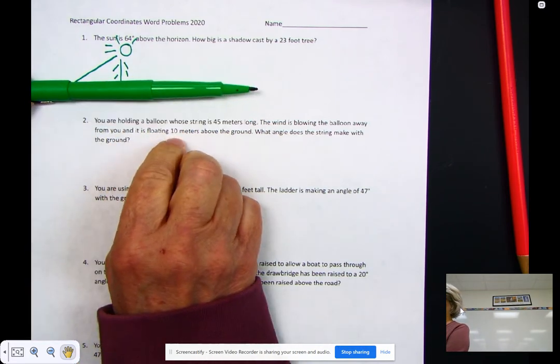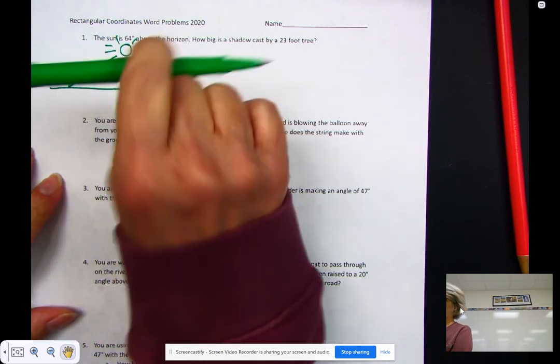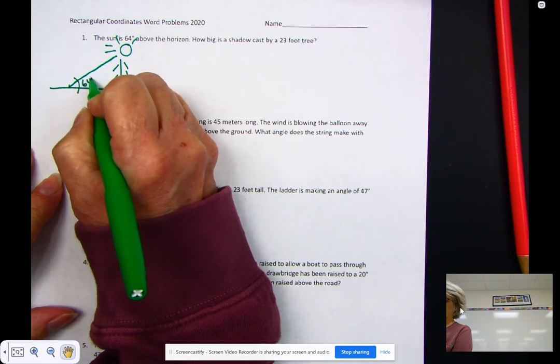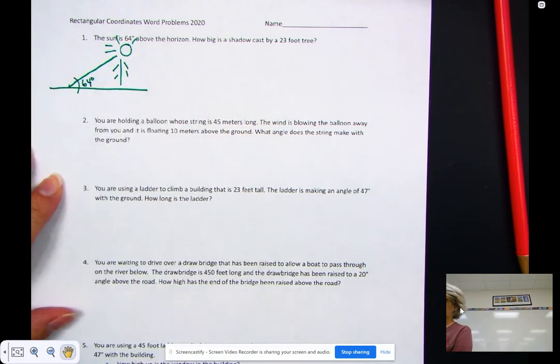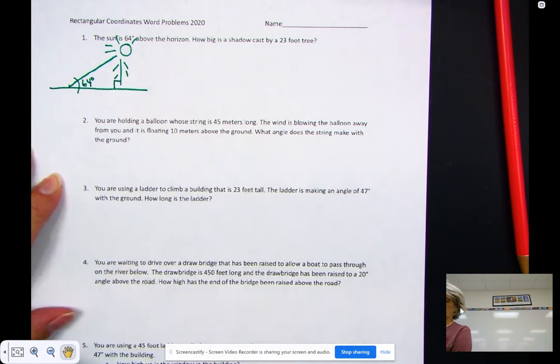If we think about the sun rising to a position that's 64 degrees above the horizon, that would make the angle right there at the base. So 64 degrees above the horizon. And remember, every triangle we create is going to have a right angle in it.